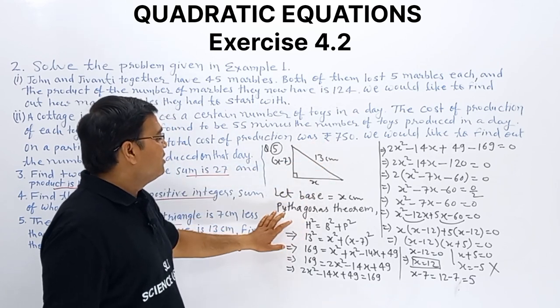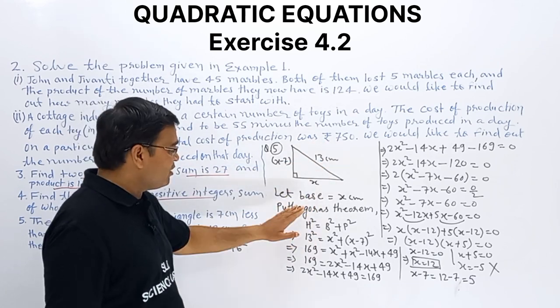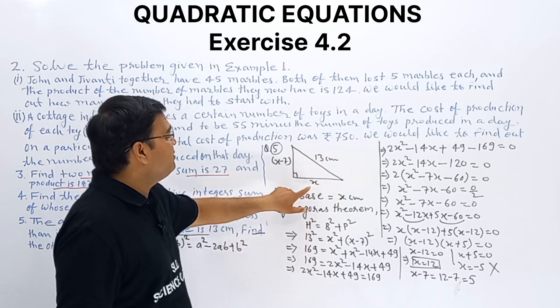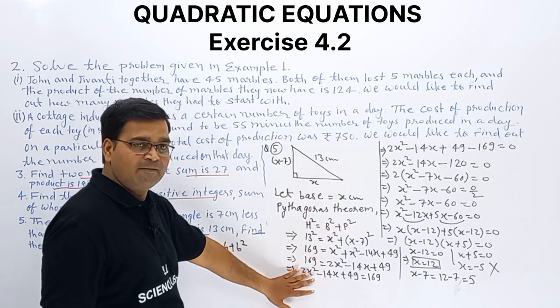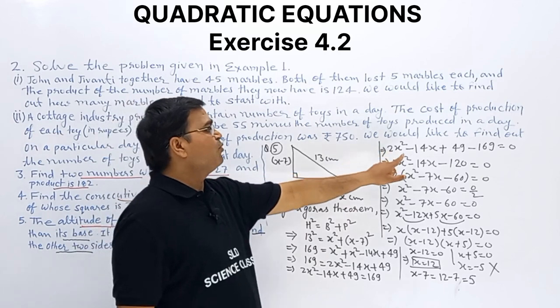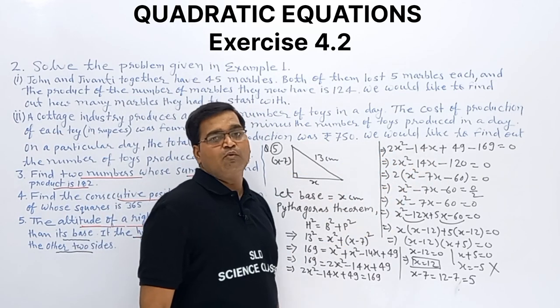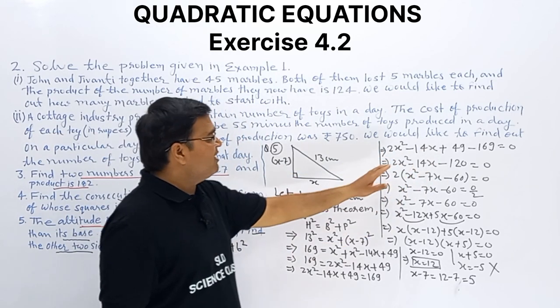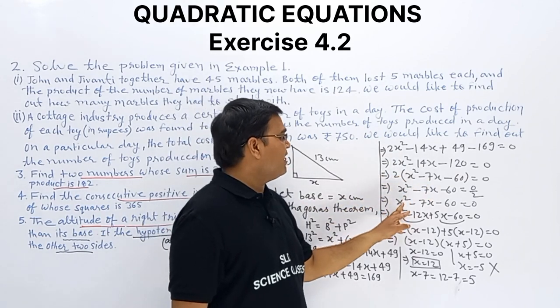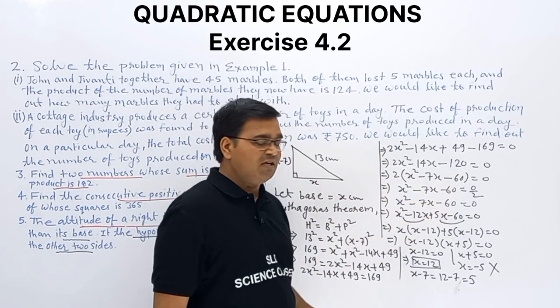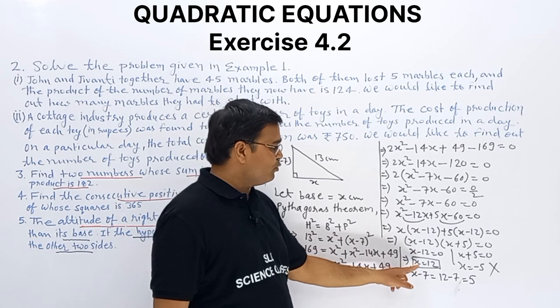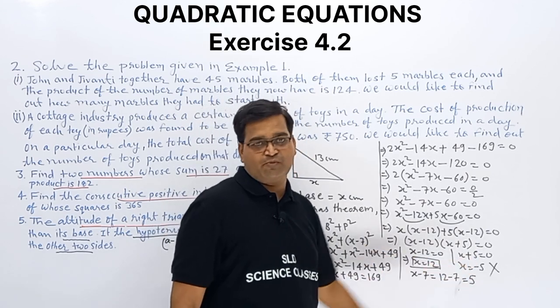We use Pythagoras theorem: hypotenuse square will be base square plus perpendicular square. Then we get a one-variable quadratic equation. Simplify this one, then we get x square minus 7x minus 60. Factorize this one, then we get two factors, x equal to 12 and x equal to minus 5.